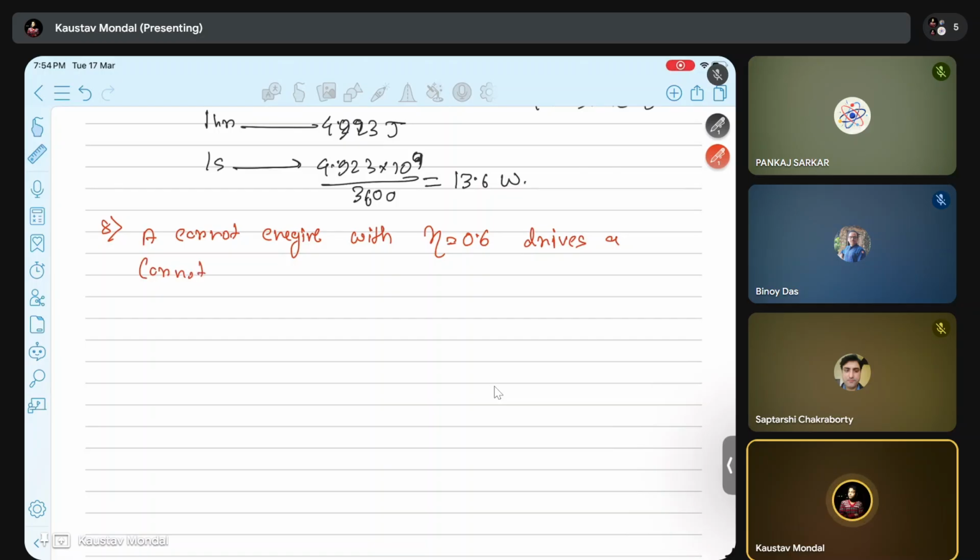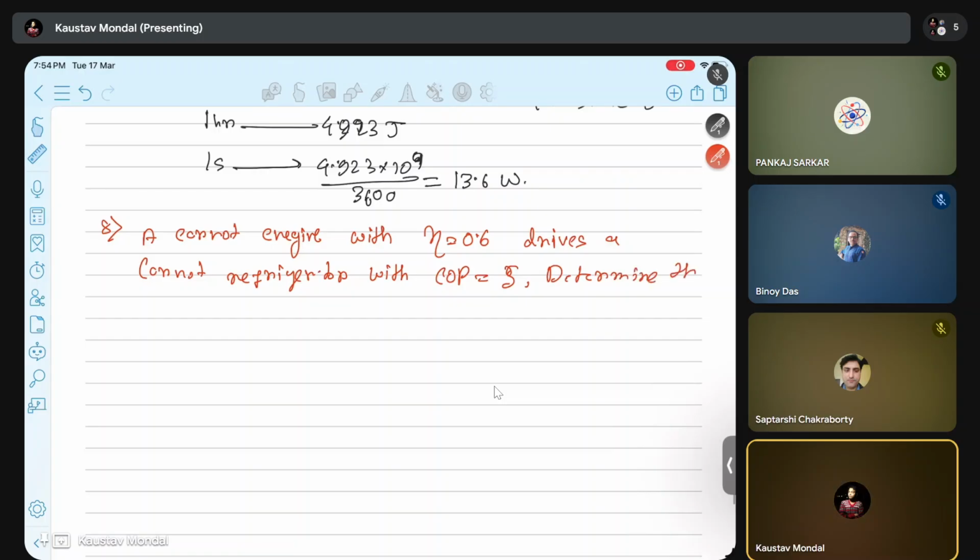So both are ideal. Refrigerator with COP, that is coefficient of performance, equal to 5. Determine the energy.